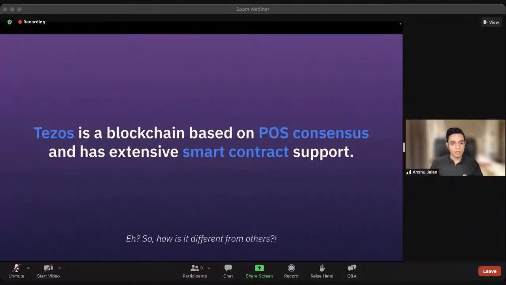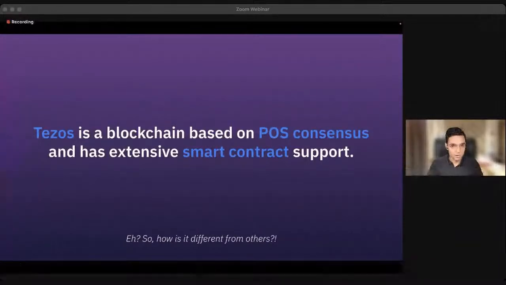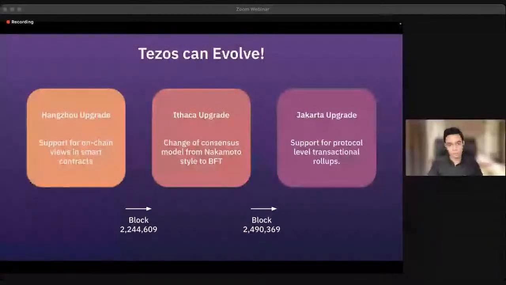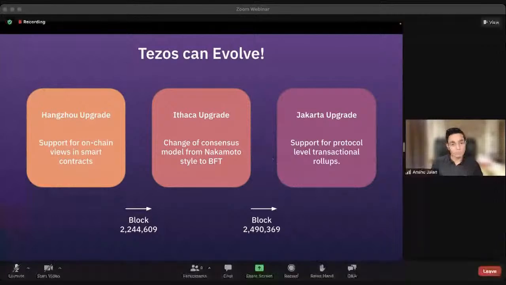Well, the most important point for that is Tezos can evolve. A perfect example of evolving is what happened to Ethereum recently, how it changed its consensus protocol from a proof of work consensus to a proof of stake consensus. And as you know, it was really, really hard. The attempt has been going on for the past few years, and finally it became a reality.